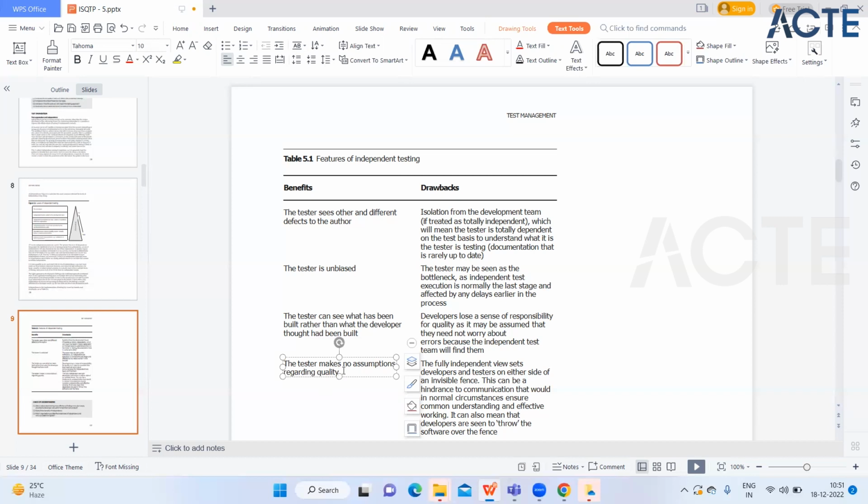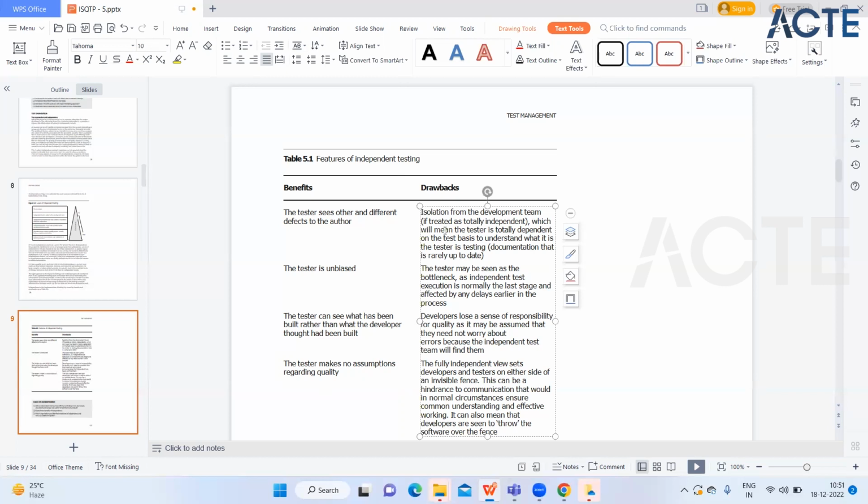Now what could be the drawbacks? Isolation from the development team. If treated as totally independent, the tester is totally dependent on the test basis to understand what they are testing, and documentation is rarely up to date.